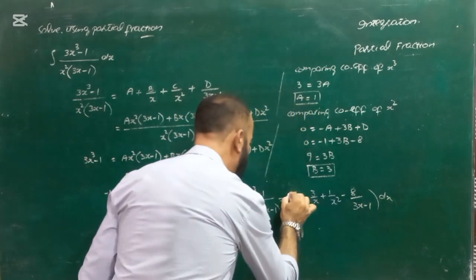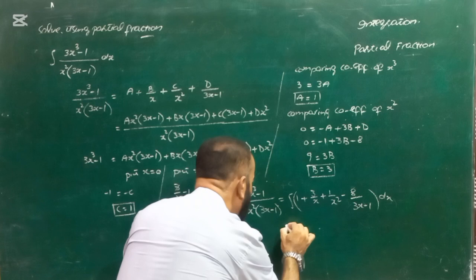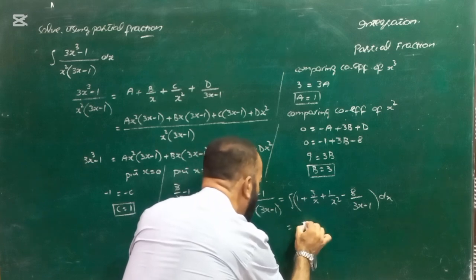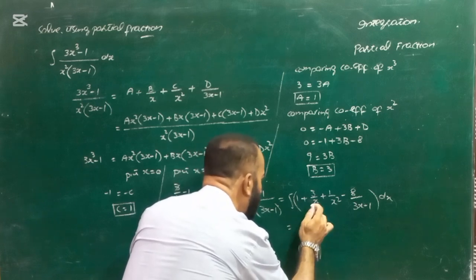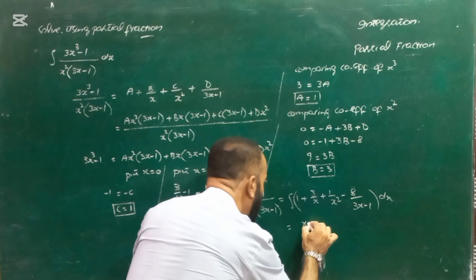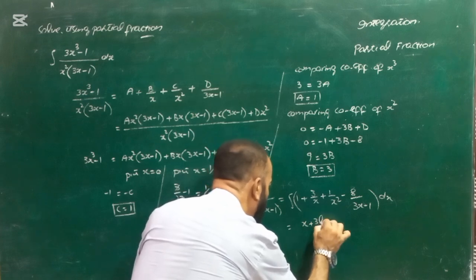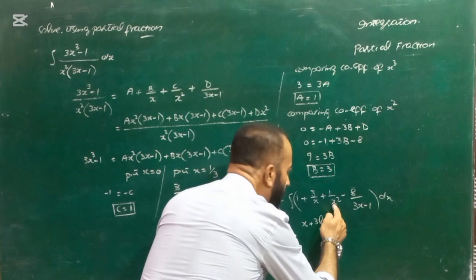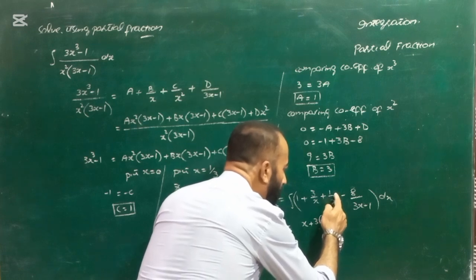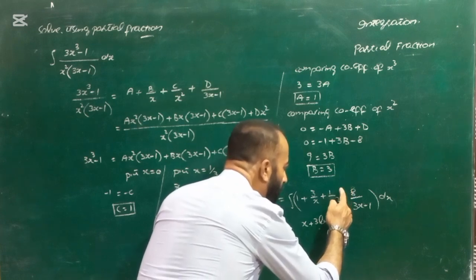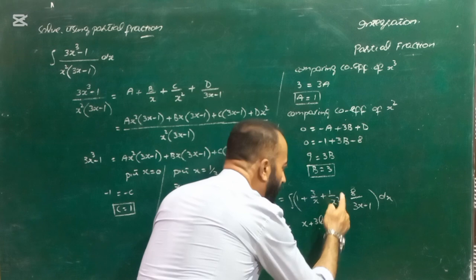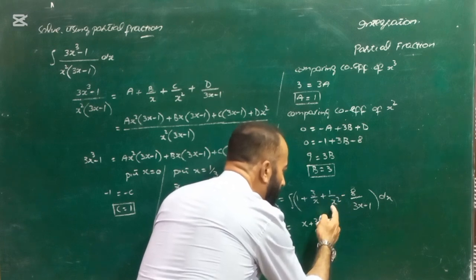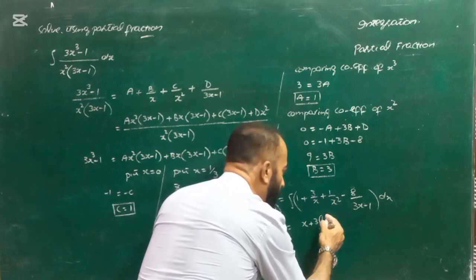Sign of integration. So the integral of 1 will be x, integral of this factor will be 3 natural log of x, integral of this thing, first it will go in the numerator, then power 1 will be added into the power, and the same will be put in the denominator.